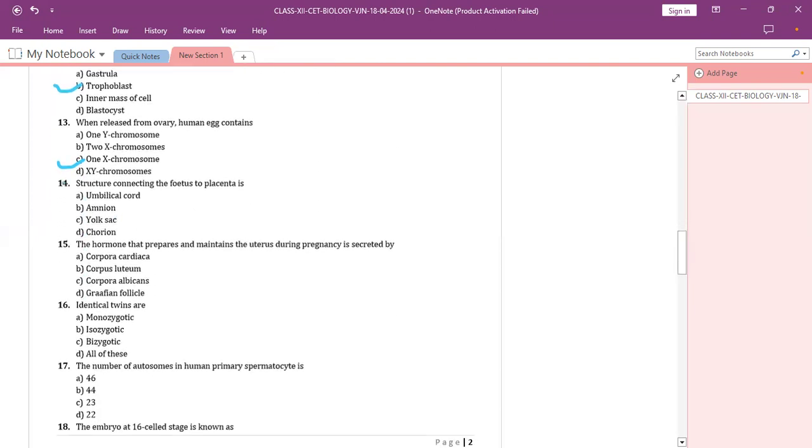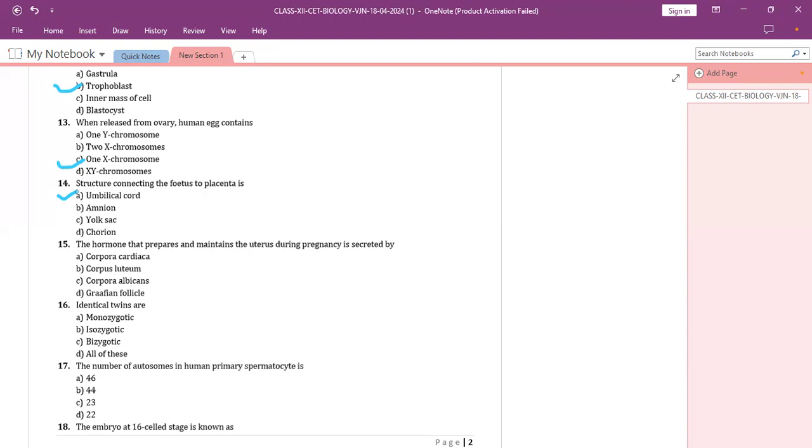Option C. 14th one. The structure connecting the fetus to the placenta is called: A. umbilical cord, B. amnion, C. yolk sac, D. chorion. Definitely, the option should be umbilical cord because all the other three are extraembryonic membranes. Now, what is this umbilical cord?